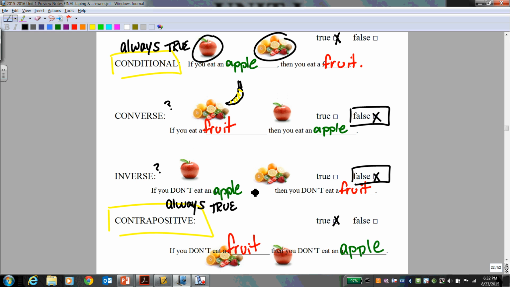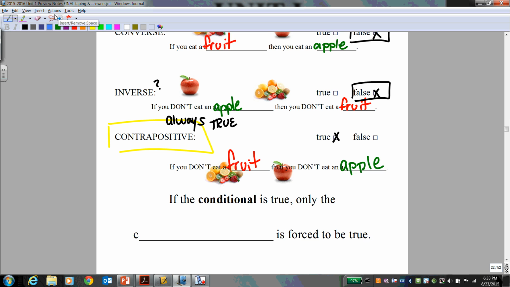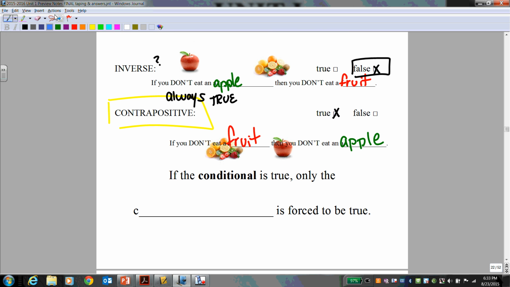Converse and inverse, there's going to be exceptions to the rule. So if the conditional is true, only the contrapositive is forced to be true.